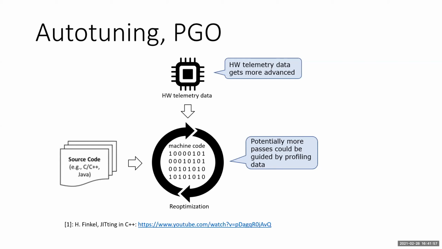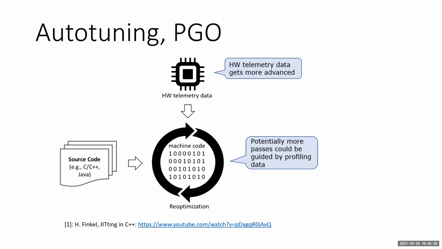There's the HotSpot JIT, which constantly re-optimizes the code as it runs based on the profiling data. And they also do so-called heroic optimizations, which are quite useful in some cases. And there is early evidence that we might have the same in C++. There is a talk by Hal Finkel made a few years ago about JITing in C++.